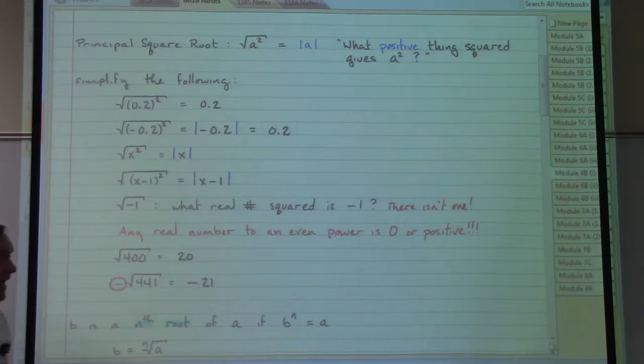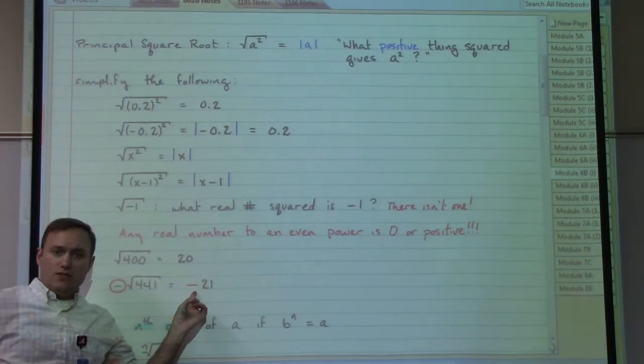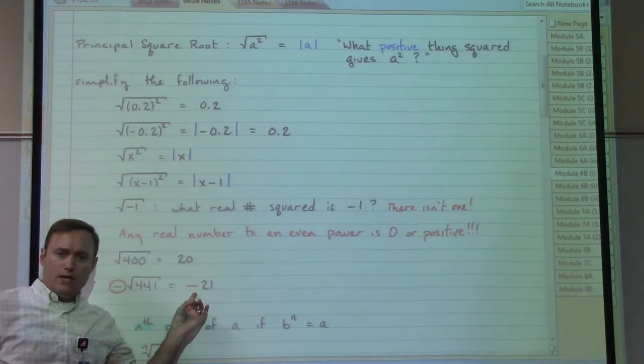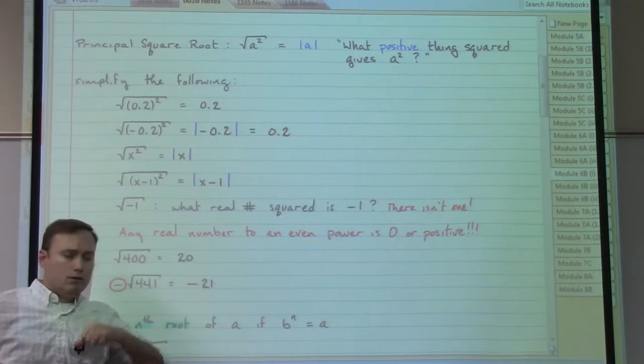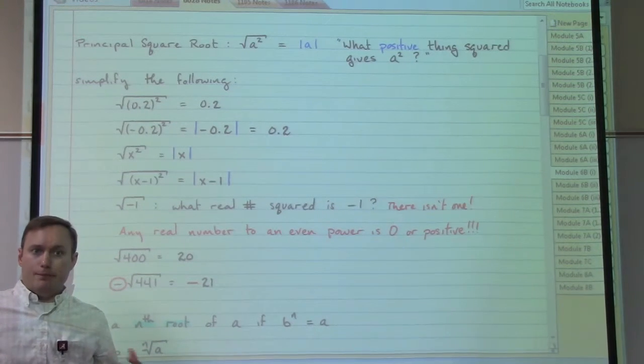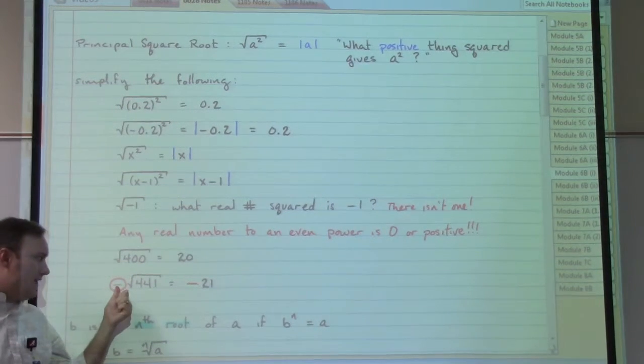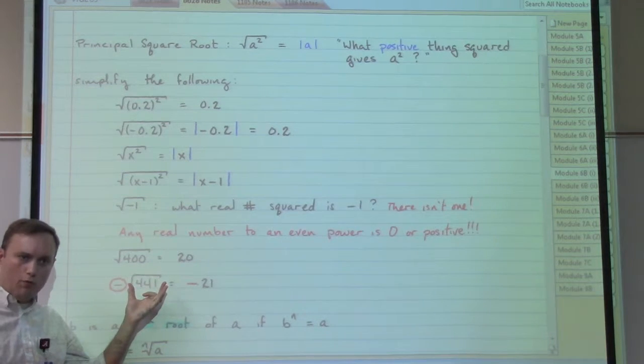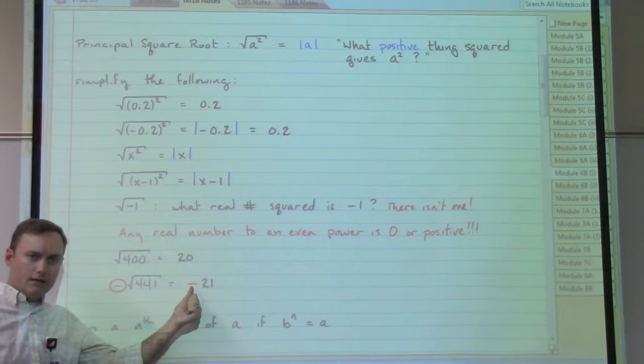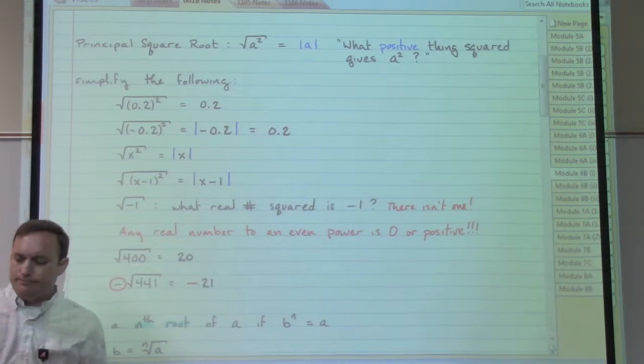But it doesn't go away, so that negative is still going to have to sit in front of the answer that we came up with. So the complete answer, negative square root of 441, is negative 21.